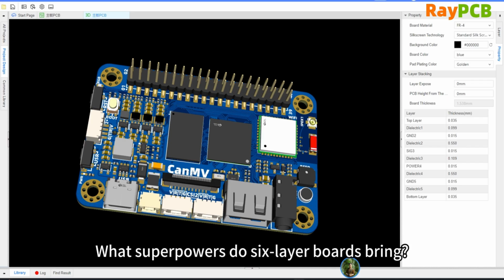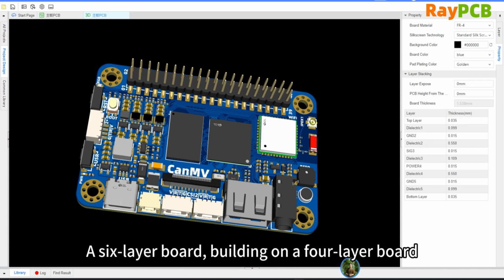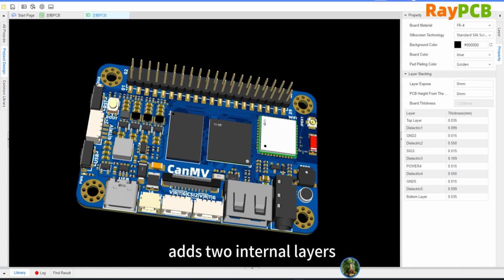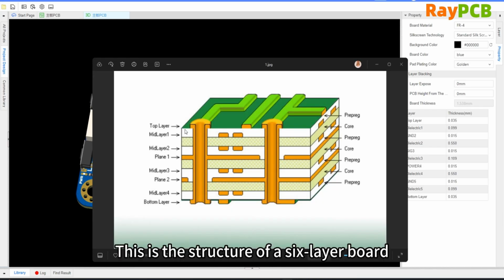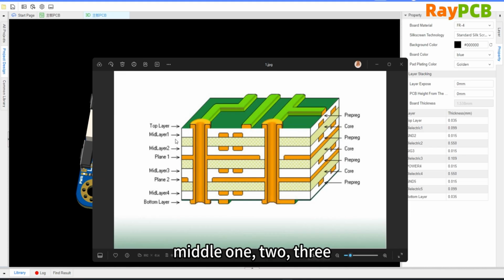What kind of superpowers does a 6-layer board offer? A 6-layer board adds two internal layers to the 4-layer system, resulting in a qualitative leap. Let's first explain the structure of a 6-layer board. This is the structure. There's a top layer, then four middle layers, 1, 2, 3, 4, and finally a bottom layer. So there are two additional layers.